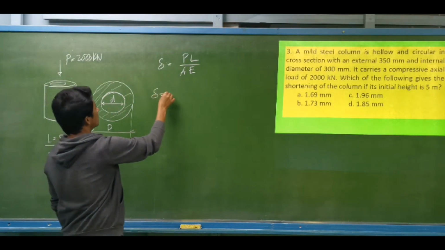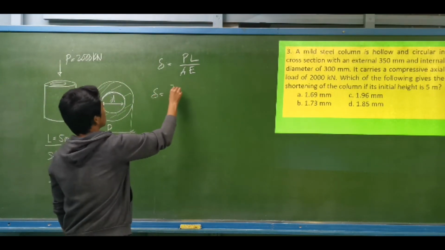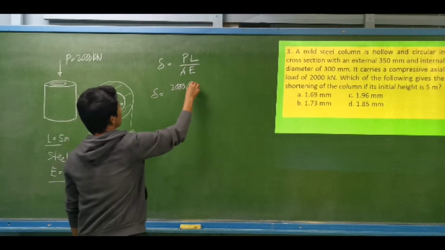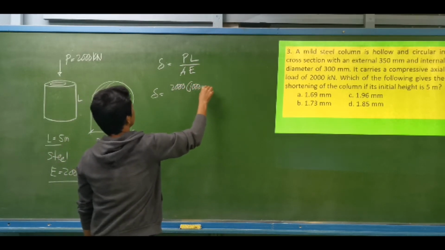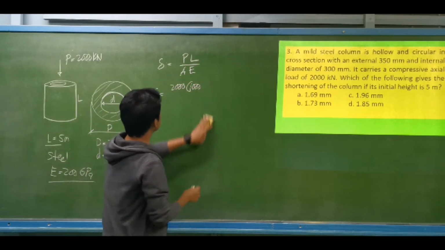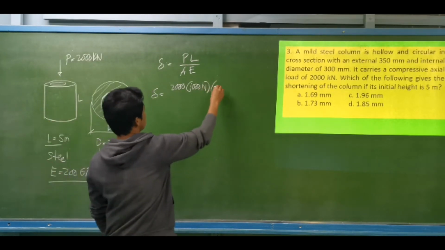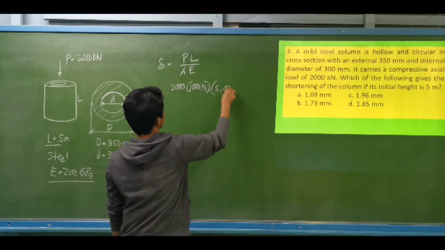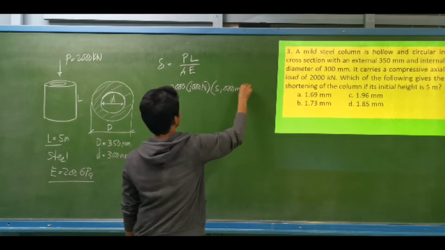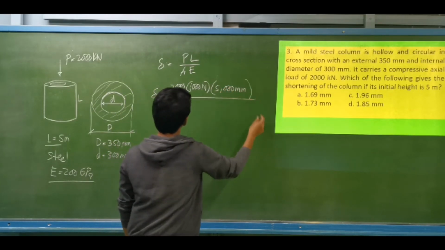So we have delta. What is our axial load? Let's have it as 2000 multiplied by 1000 in terms of newtons, multiplied by the length of 5 meters or 5000 millimeters, divided by the area.